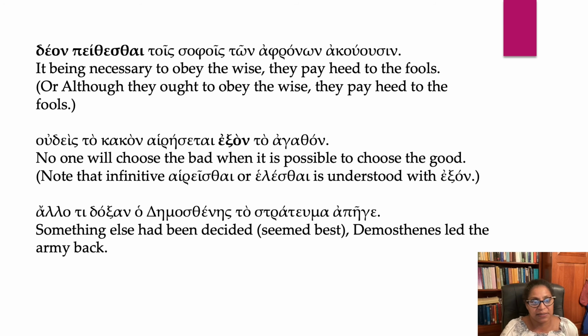It's going to come out of haireisthai or helesthai, right? To choose the good. So no one will choose the evil, exon, if it is possible, or when it is possible to choose the good. All right. Next one. Allois edoxen hōs Dēmosthenēs to strateuma apagei. So something else had been decided or seemed best.